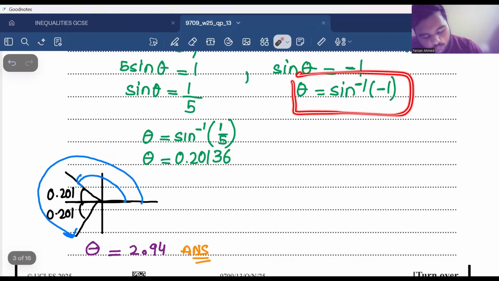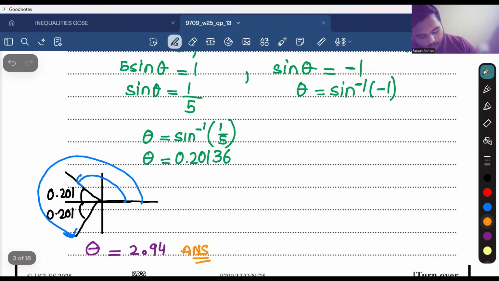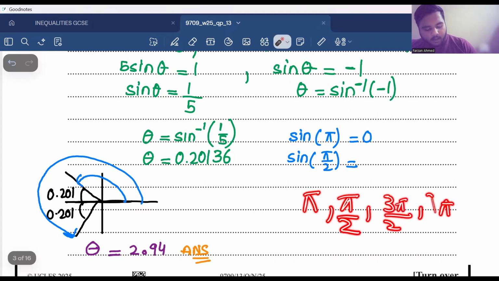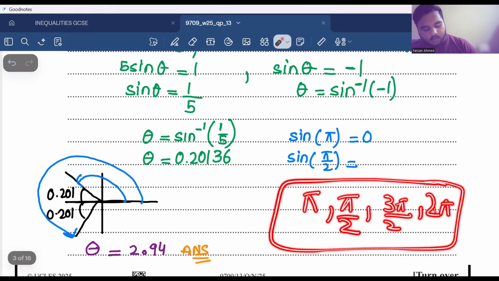We will do it with the trial and error method. So how will we do the trial and error method? First of all, we put sine pi. I am using my calculator. Sine pi is equal to 0. We have to check by putting pi upon 2, 3 pi upon 2, and 2 pi, to see where we can get minus 1.